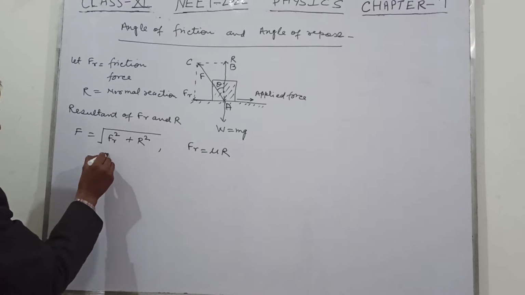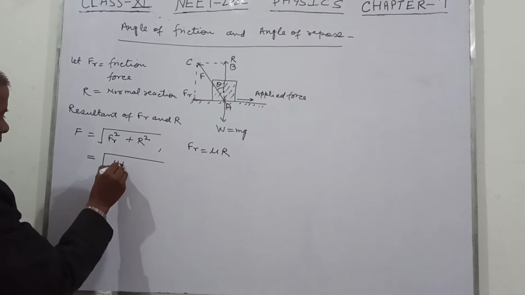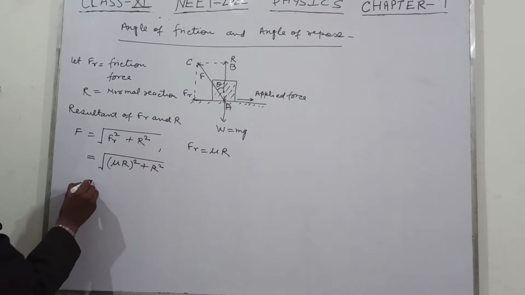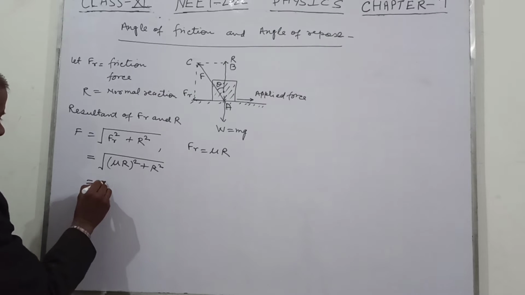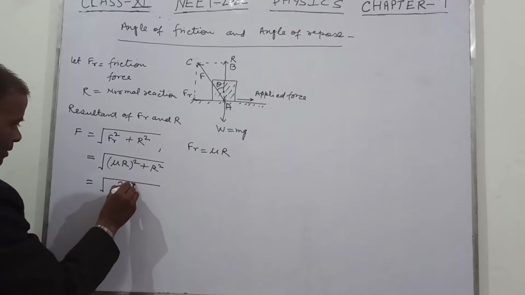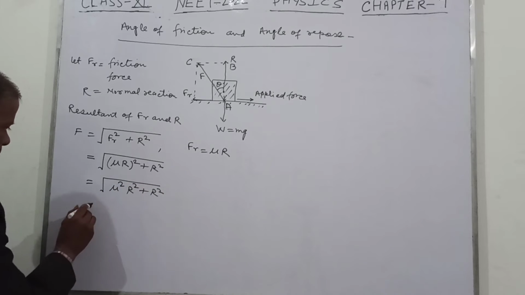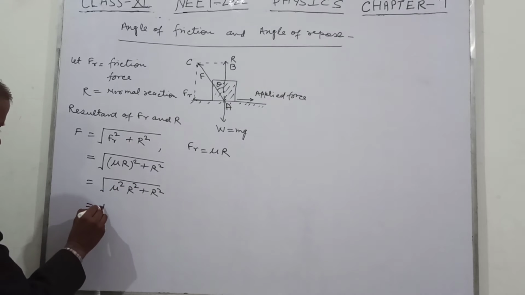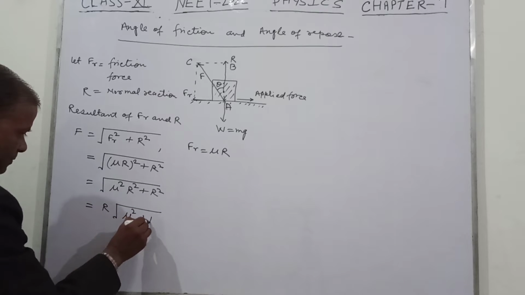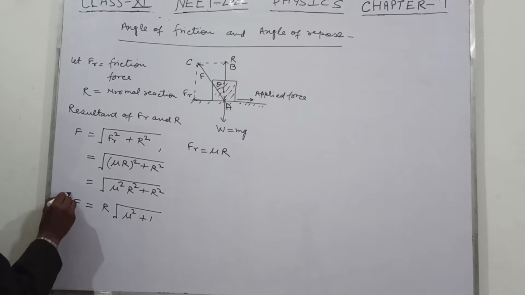So this is equal to square root of mu R whole square plus R square, which is square root of mu square R square plus R square. So now you can have R square root of mu square plus 1. This is now for the resultant of friction.